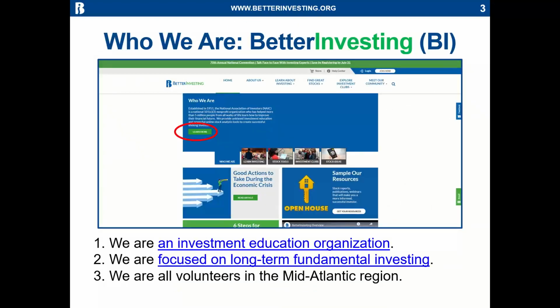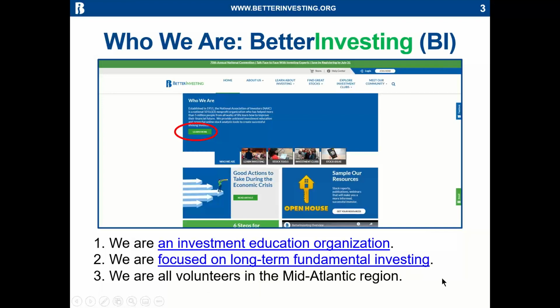Again, this is sort of standard, but in case we have some people that don't know who Better Investing is, we are an investment education organization, and you can find out more if you download the handouts. These are hyperlinks, so you'll be able to go straight to those locations.